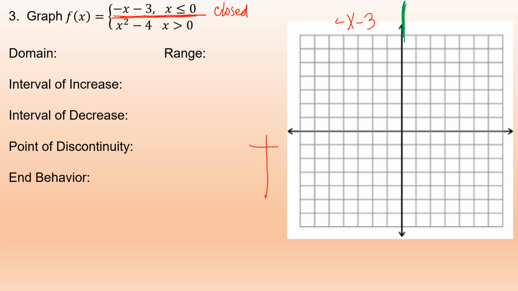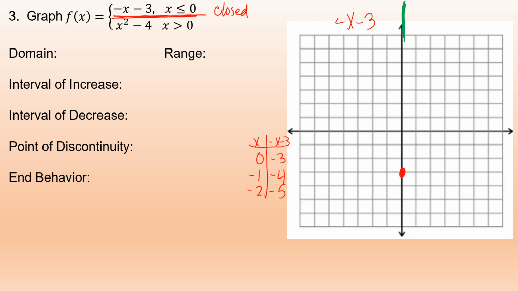Let's go ahead and get some points. So we'll start at 0 and go backwards. 0, negative 1, negative 2 gives us corresponding values of... oh, I think I did those wrong. I sure did. Whoopsies. Those y values: negative 3, negative 2, negative 1. Again, I do need a closed circle at 0, negative 3.